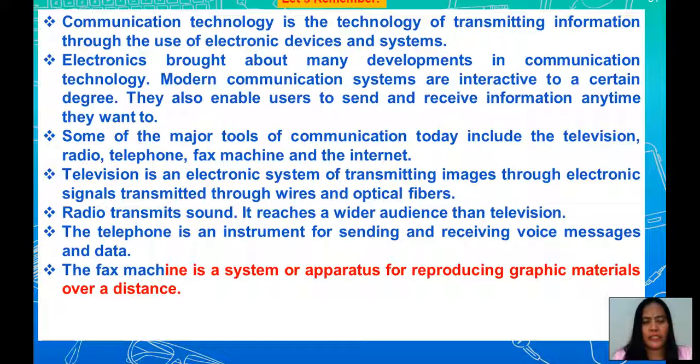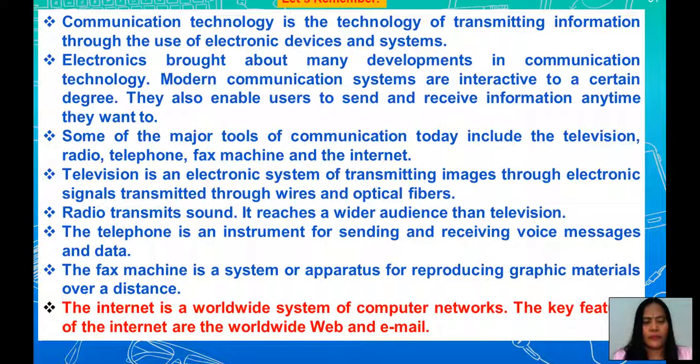The fax machine is a system or apparatus for reproducing graphic materials over a distance. The Internet is a worldwide system of computer networks. The key features of the Internet are the World Wide Web and email.